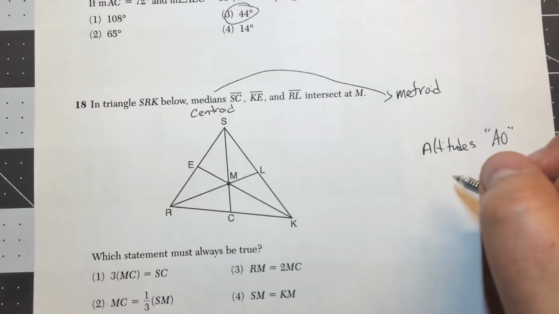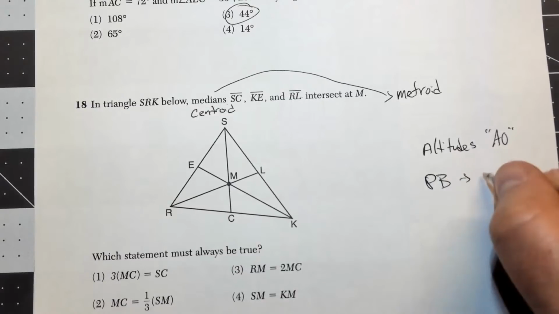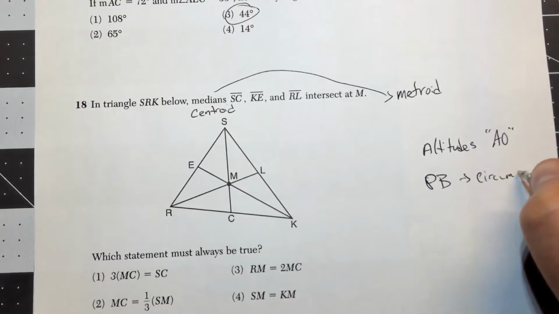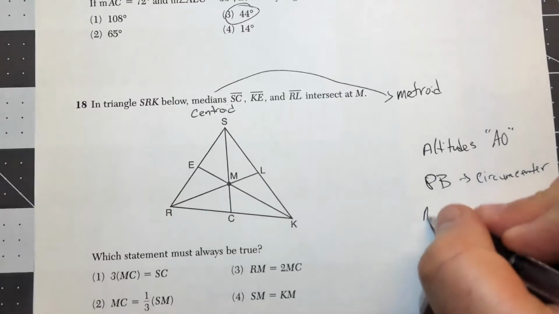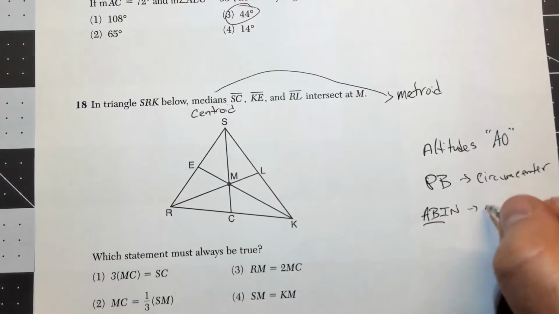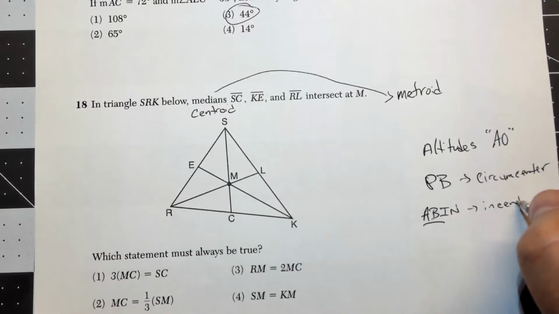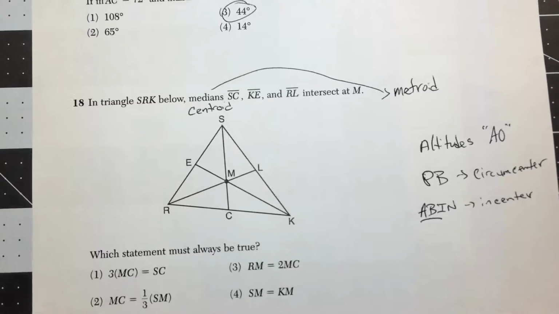We have peanut butter and cheese, PBC. Perpendicular bisectors make the circumcenter. And then our last one, after centroid and PBC, was the AIN. The angle bisectors form the incenter. Guys, just come up with some easy way to remember these things. Some other mnemonic device you want to use.